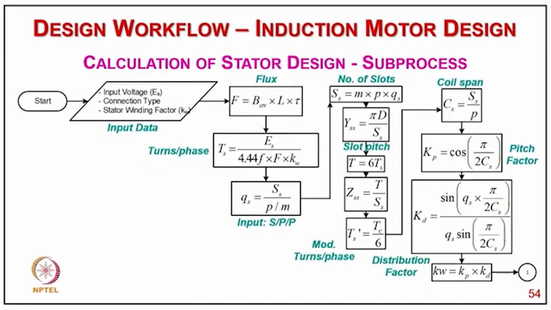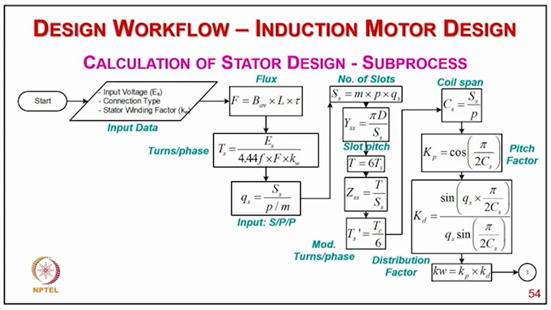Then the calculation sub process, starting from input voltage, connection type and winding factor. We go to calculation of flux, the average B into L into tau, then number of turns, E upon 4.44 f into Kw, then the slots per pole per phase, total number of slots, then poles and phases calculated. Then the number of total slots, because this should be an integer value, it should be multiplied; then the slot pitch, pi D upon Ss.